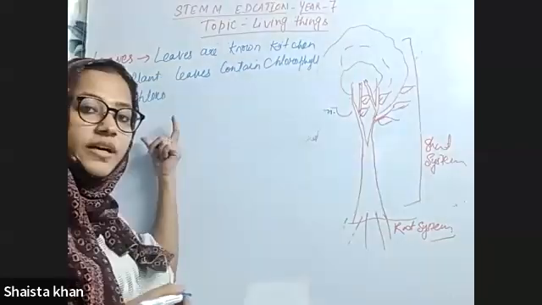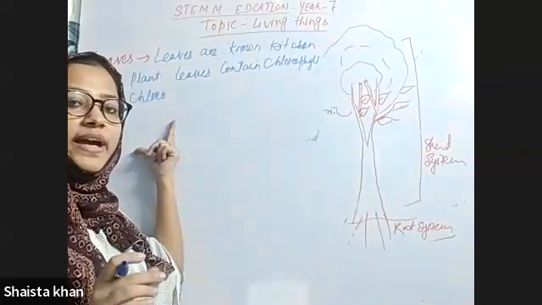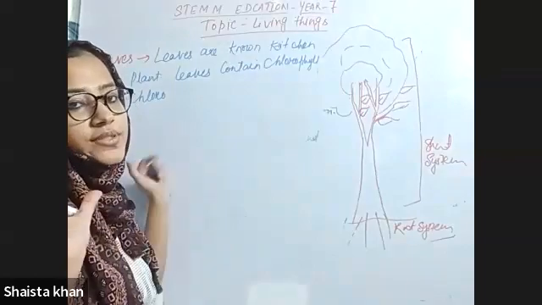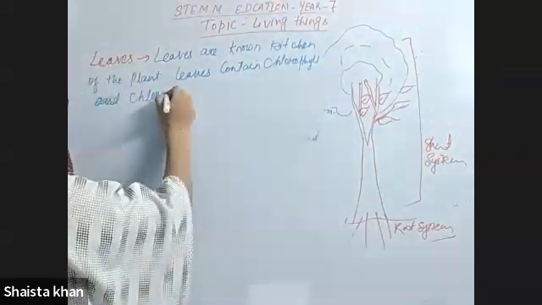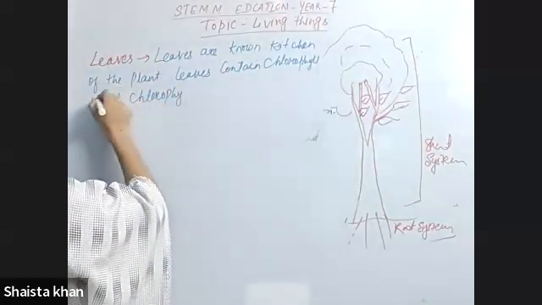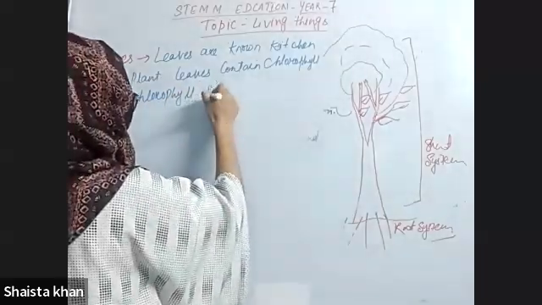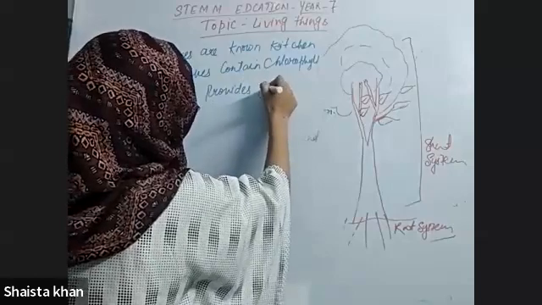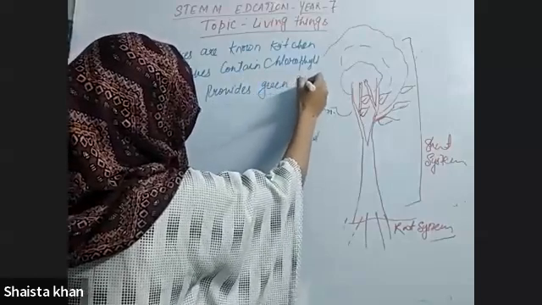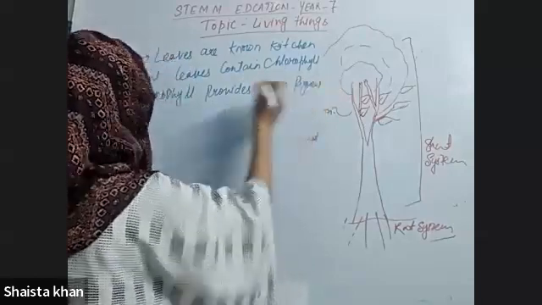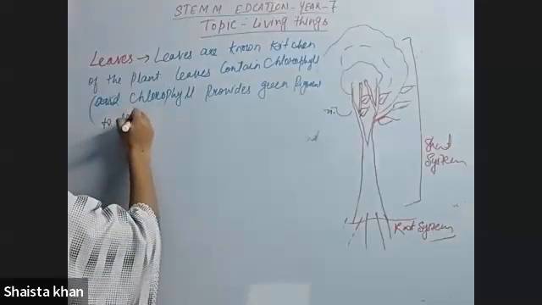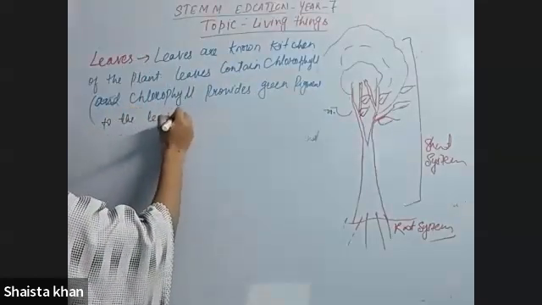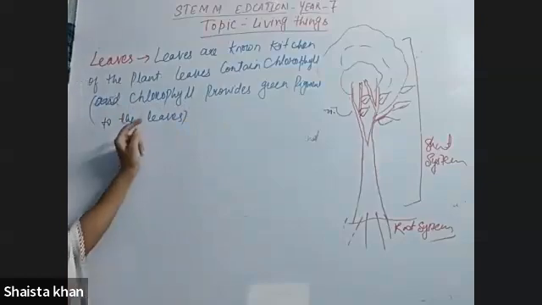What is the function of chlorophyll? Chlorophyll provides green pigment to the leaves or a plant. Green pigment to the leaf. To the leaves. Okay.